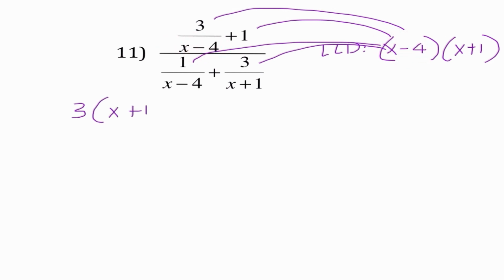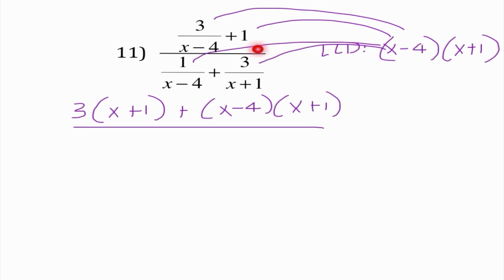So I'm left with 3 times x plus 1 plus x minus 4 times x plus 1 over. When I distribute here, I notice my x minus 4's are going to cancel out again. So I have x plus 1 plus, when I distribute, I notice the x plus 1's are going to cancel. So 3 times x minus 4.